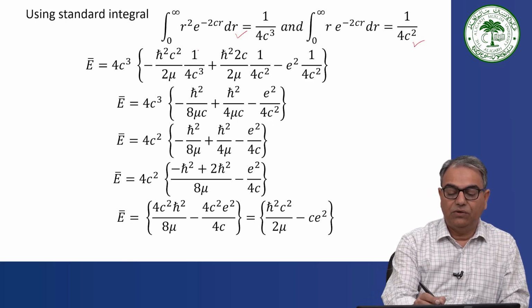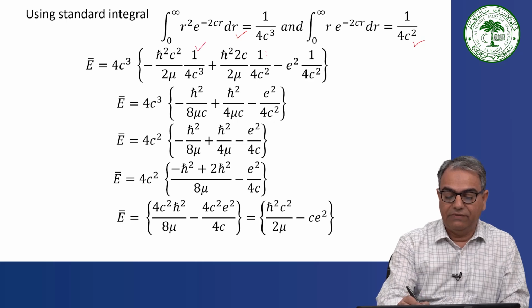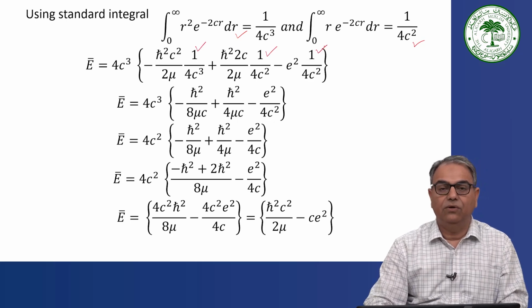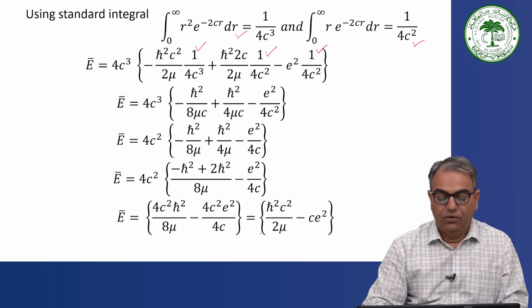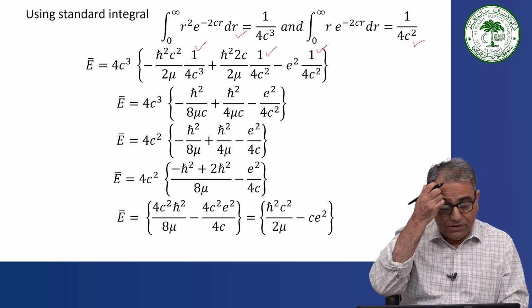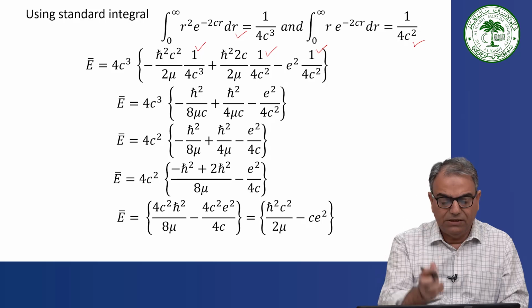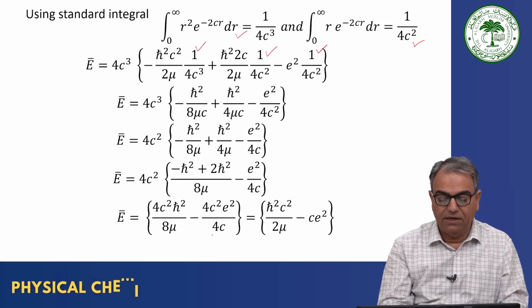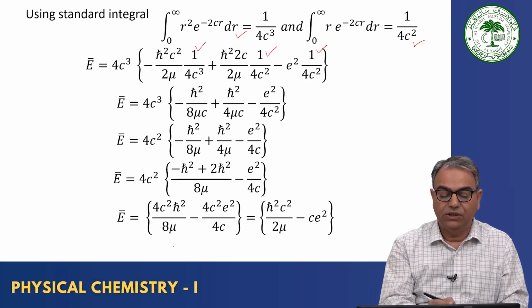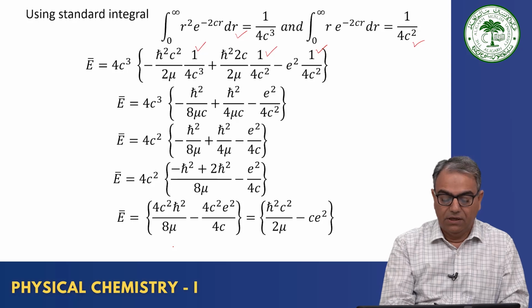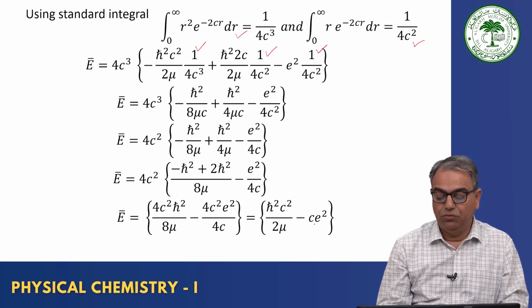So if you put these values of the integral, and finally you solve this equation, you simplify this equation by simple multiplication and simple algebra, which I will not talk about, you can see that yourself. All the steps are given. So the energy comes out to be h cross square c square divided by 2 mu minus c e square. This is what you get, energy.